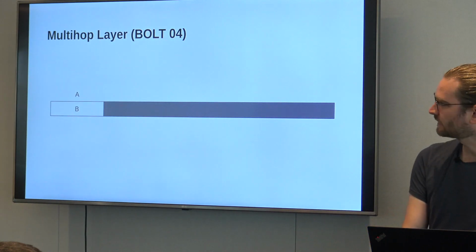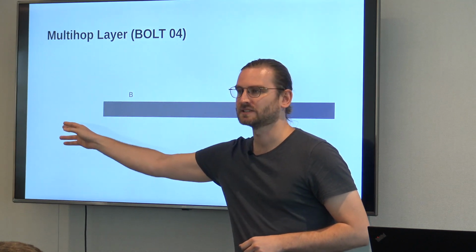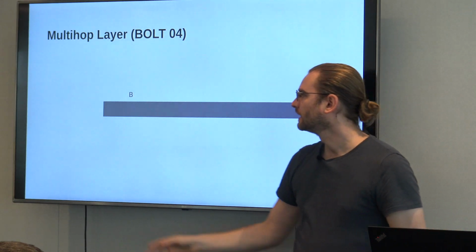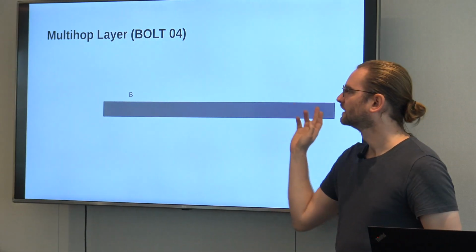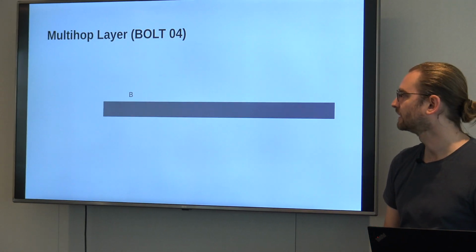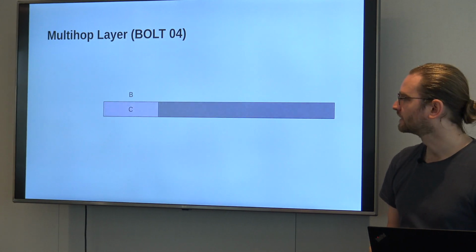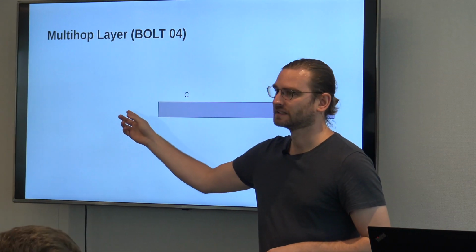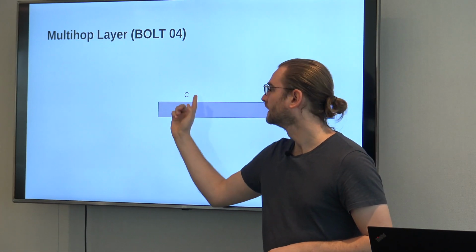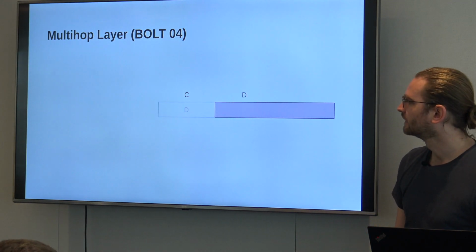So what A then does is it drops the part that was destined for it, because that's of no use to B anymore. B will get this encrypted blob, and through the same magic we've seen before, it will generate a shared secret and also decrypt, get to see that it's supposed to forward to C, strip its part, forward this to C, and so on and so forth.